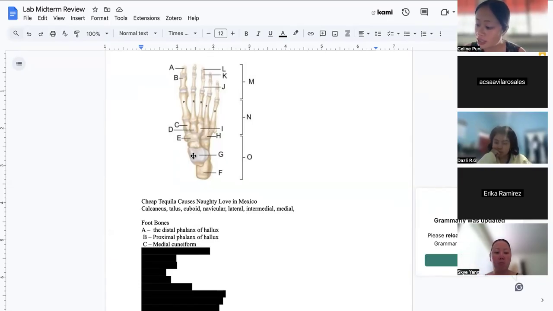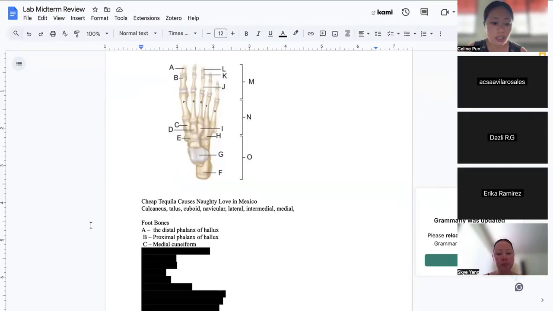Cuneiform just means wedge. So you see how they're like little wedges? The medial, intermediate, and lateral cuneiform.